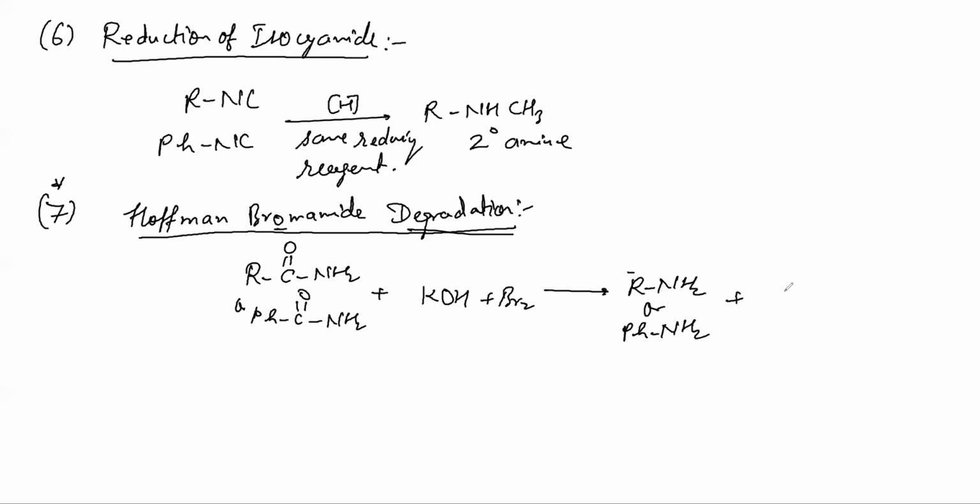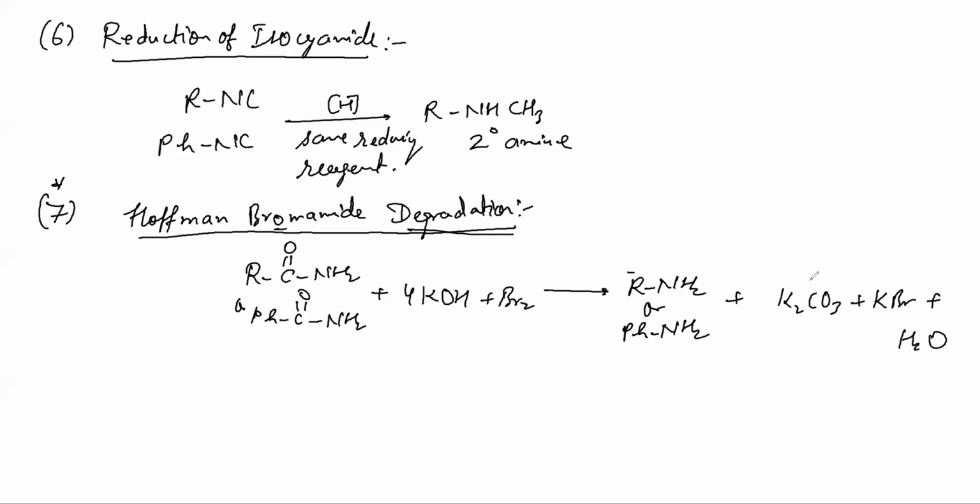Plus you get K2CO3, plus you get NaBr. Sorry, it will be KBr because we are not using NaOH, we are using KOH. KBr plus water. If you want to balance it, you can balance it in this way.